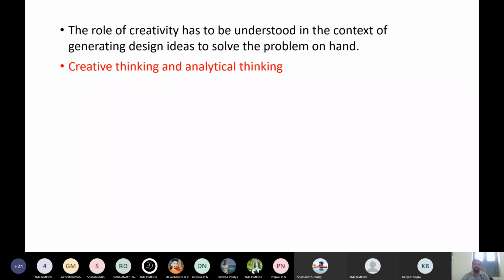Prajwal? Yes, sir. What is the difference between creative thinking and analytical thinking? In the case of creative thinking, we think in an innovative way.